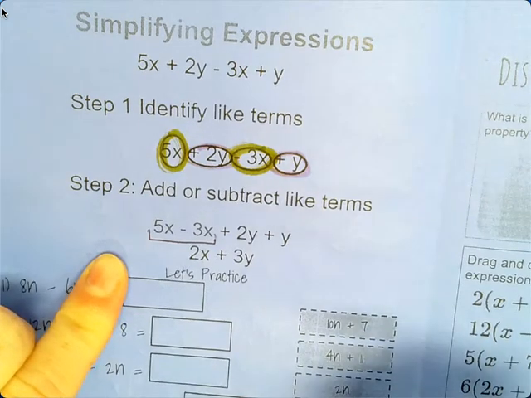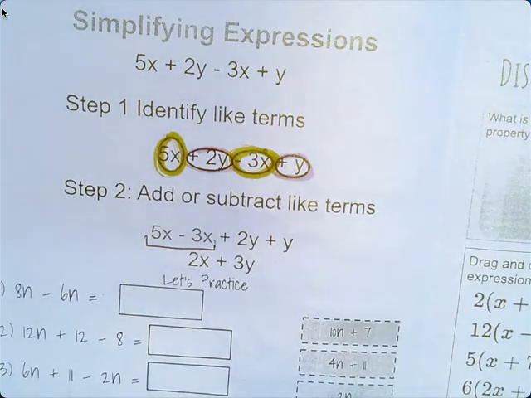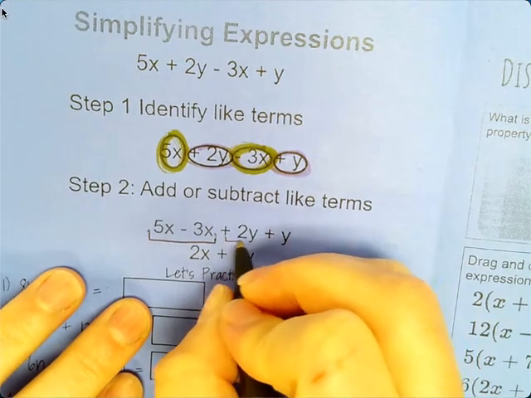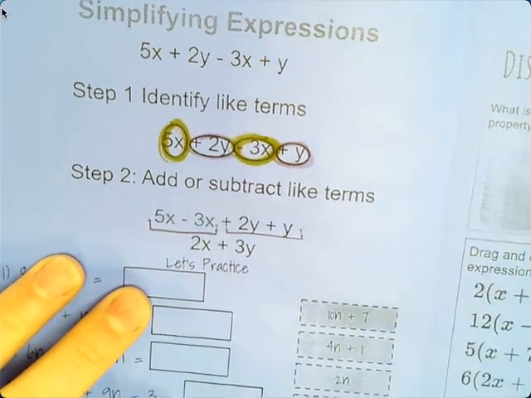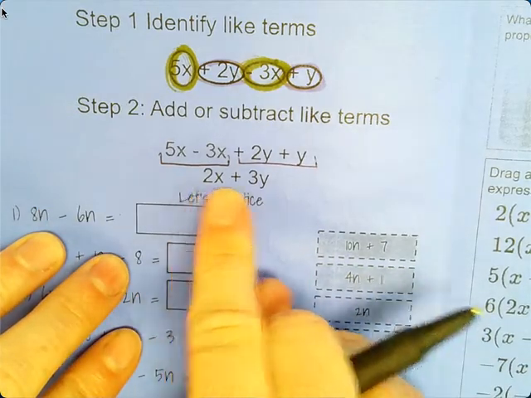All we did was rearrange. Remember, that's the commutative property. If we rearrange addition, it's still the same thing. So we took the sign with it. And then our y is 2y plus y, which comes out to 2x plus 3y.